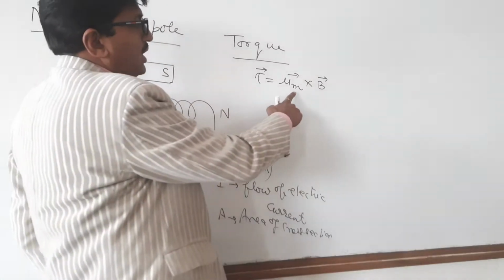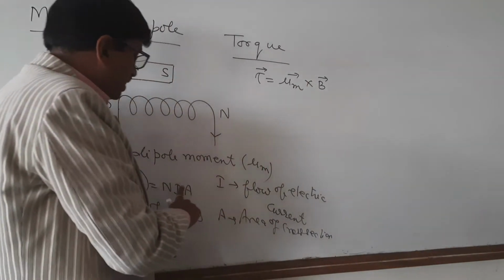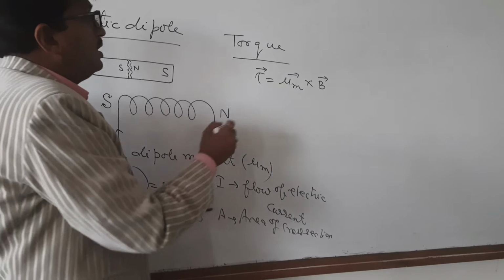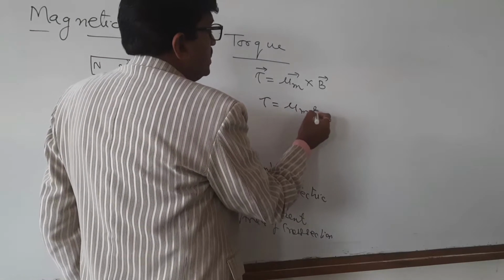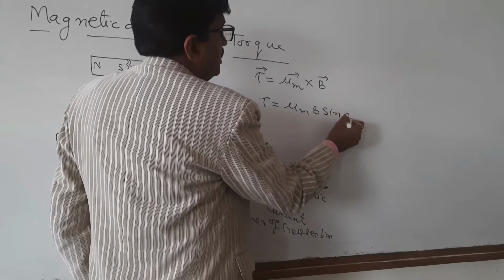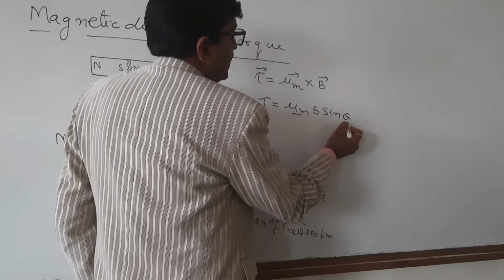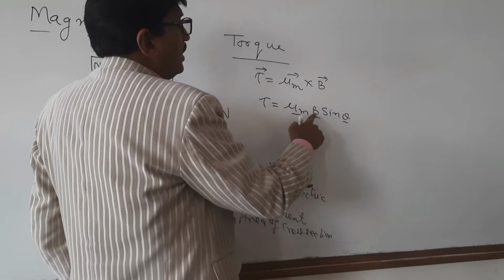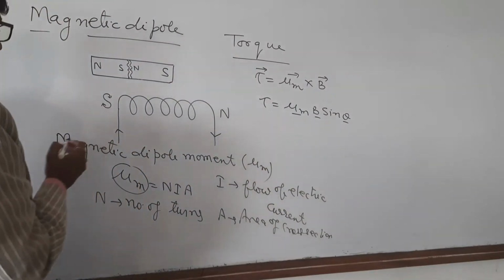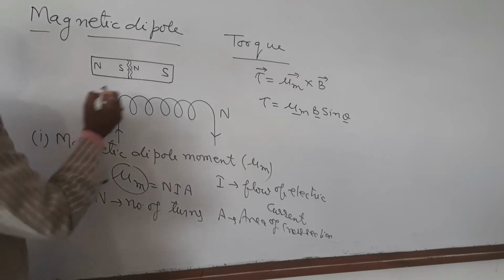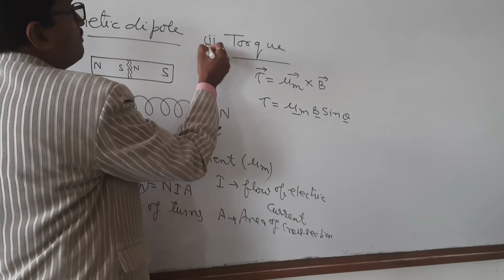The magnetic dipole moment is NIA, and torque is mu m B sin theta, where theta is the angle between mu m, the magnetic dipole moment, and the magnetic field. This is the first terminology, and this is the second terminology.